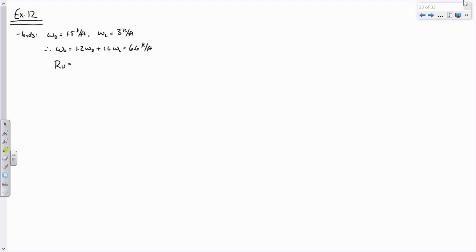All right, now let's determine a couple of things. Let's determine the reaction. Does anybody remember how to determine the reaction of a simply supported beam with a uniformly distributed load? It's wL over 2, not wL squared over 2, just wL over 2. So 6.6 kips per foot times, now how long was this, 24 feet?